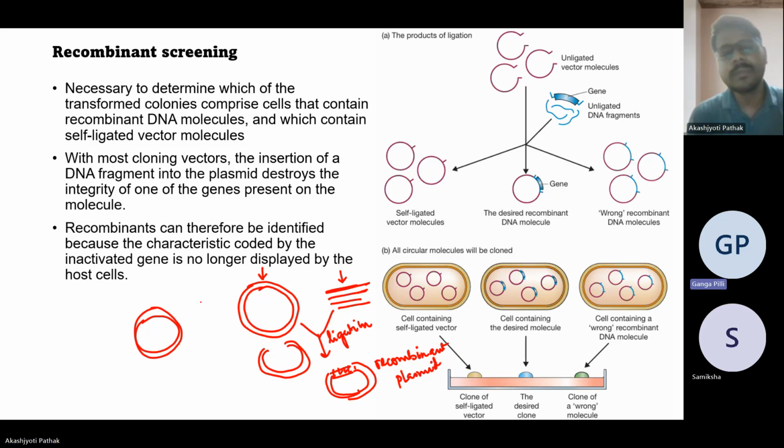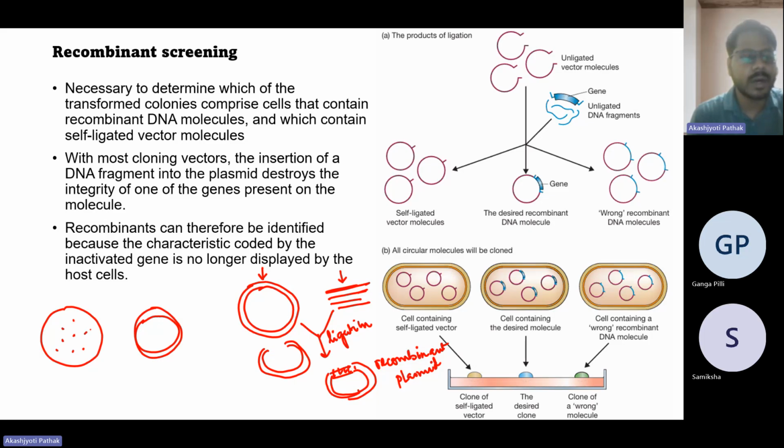So for that, what is normally done in a lab is you will have different types of colonies. You will get around 5 to 6 colonies. You pick up these colonies, and then you culture them.